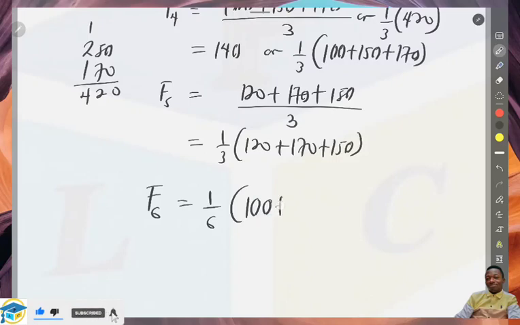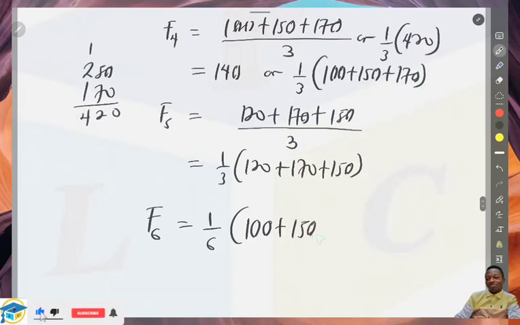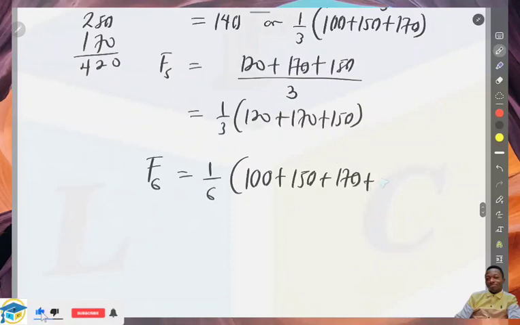Then we have 100 plus 150 plus 170 plus 120 plus 180. So there's a weight that we are placing on each of these values, which is an equal weight, right? So when you divide, you should be able to get 144 in that line. So let's take note of that.